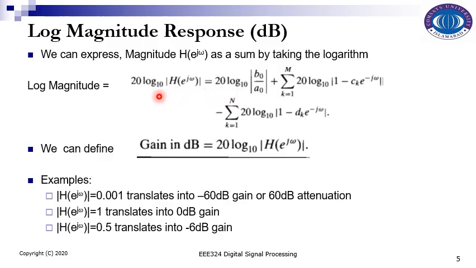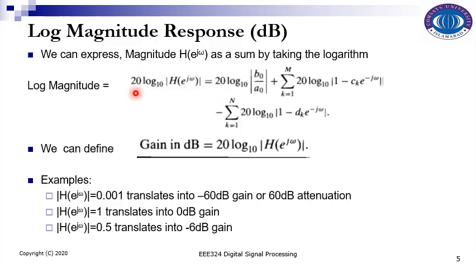So on the left hand side we have 20 log to the base 10 of |H(e^jω)|, and the product terms become a sum. The product of the zero factors becomes this sum, summation from i equal to 1 to M, and for the N pole factors, when we take the logarithm we get this sum.